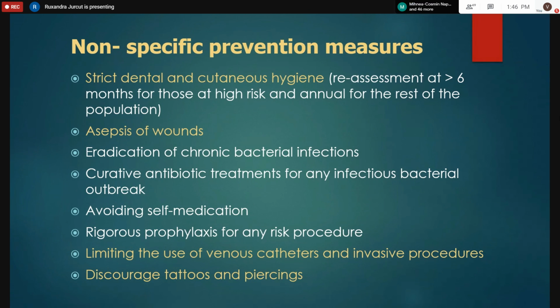Young people with cyanogenic, uncorrected congenital heart disease might want to be modern or like their friends and then get a tattoo or a piercing. But that, of course, is a procedure which, even when done in good tattoo shops, can have a risk of bacteremia. So they should know at least what is at stake.